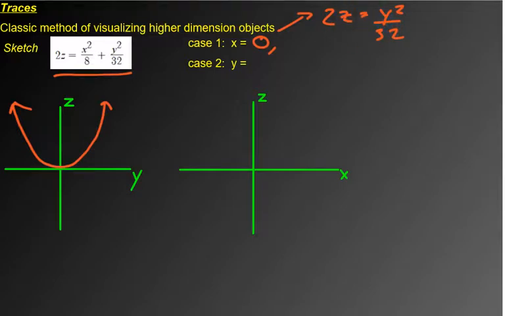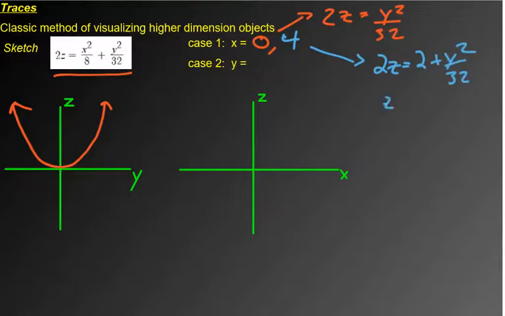If I do something like, what's another nice one actually? Let's do x is 4. If x is 4, the equation would become 2z equals 4 squared, which is 16, divided by 8 is 2, plus y squared over 32.